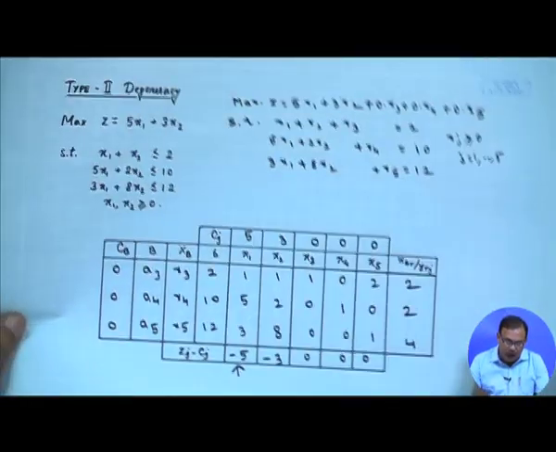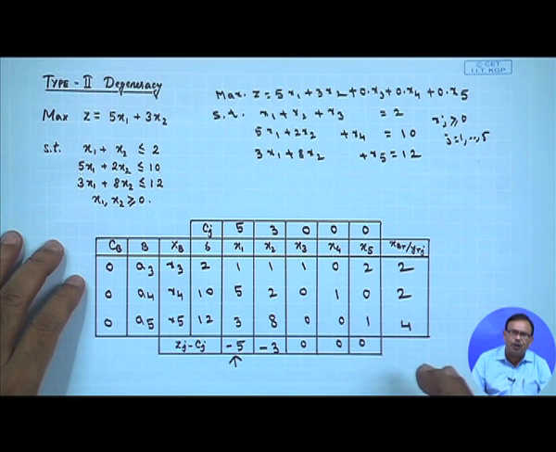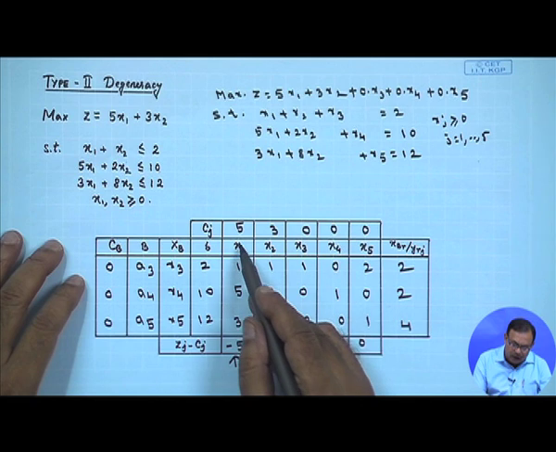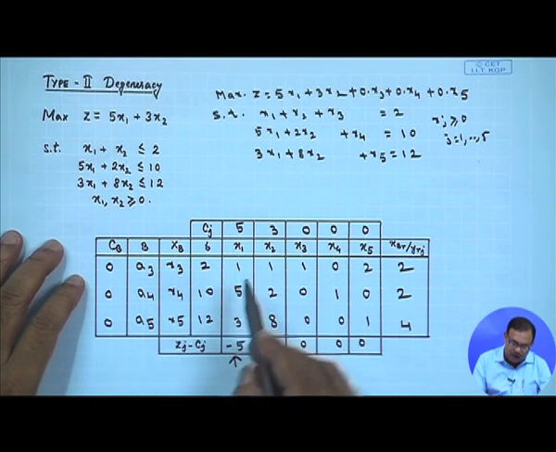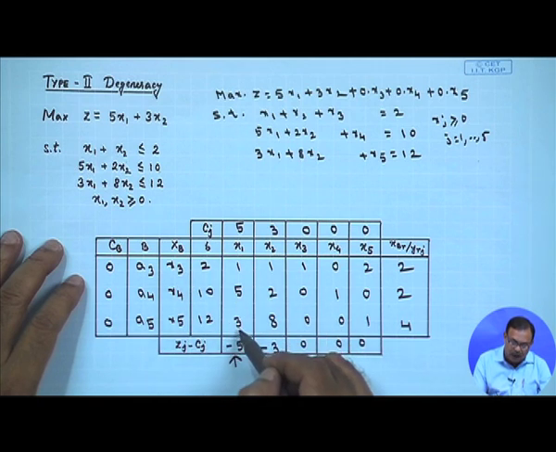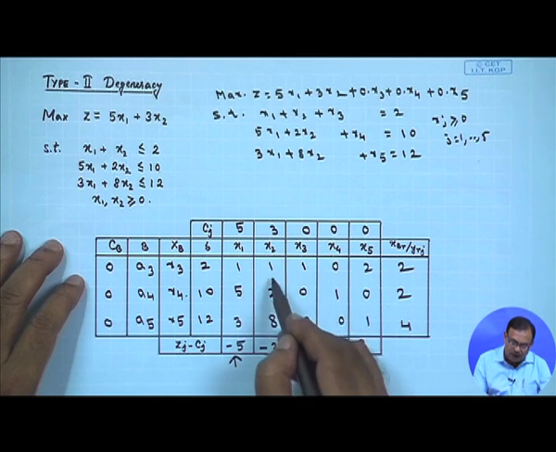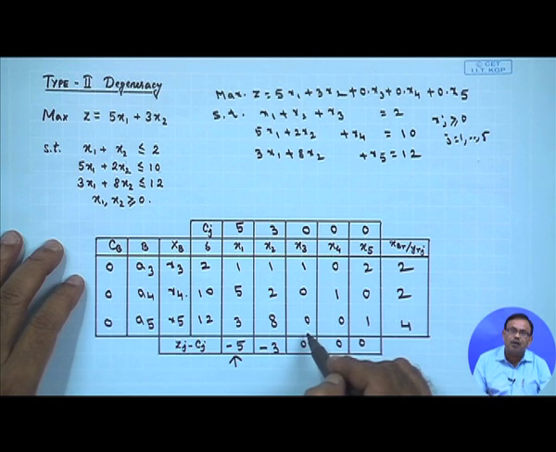Means, as we have told, what I have to do? I have to recompute the ratios again, but before that I have to consider the first column as the first variable in the basis. That is, for x3 I will consider this column, for x4 this column, and for x5 this column.